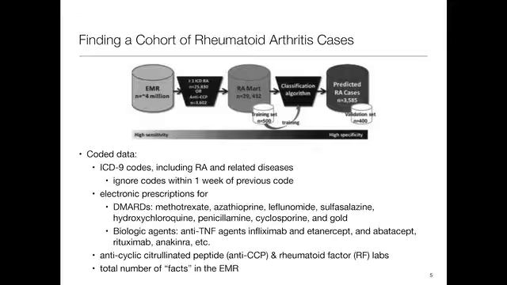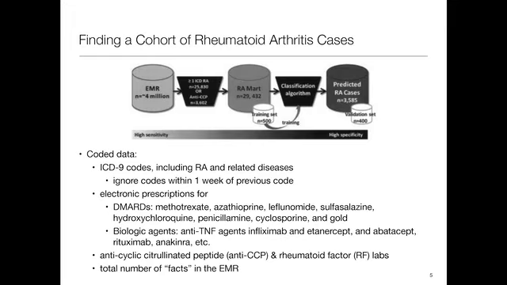But we were looking at ICD-9 codes for rheumatoid arthritis and related diseases. We excluded some ICD-9 codes that fall under the general category of rheumatoid diseases because they're not correct for the sample that we were interested in.